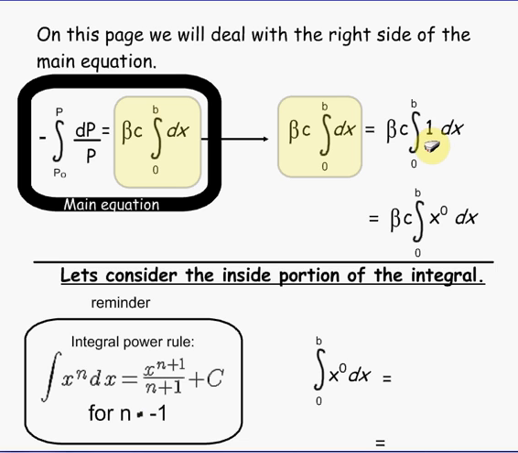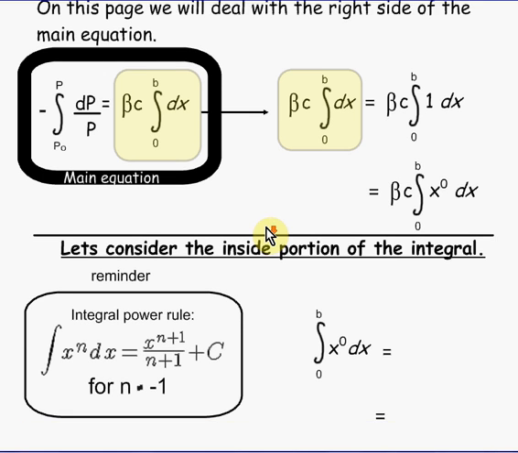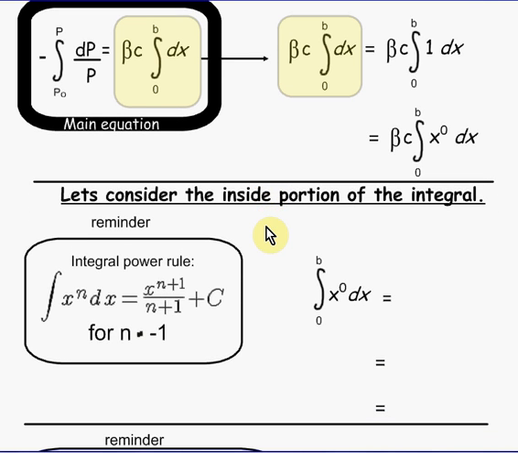And with that said, we can also recognize that any number raised to the 0th power is also equal to 1. So as we integrate over that range, we'll just use the integral power rule.